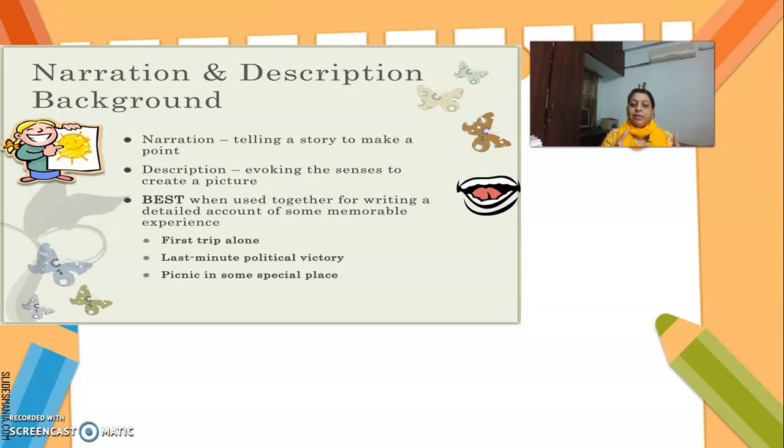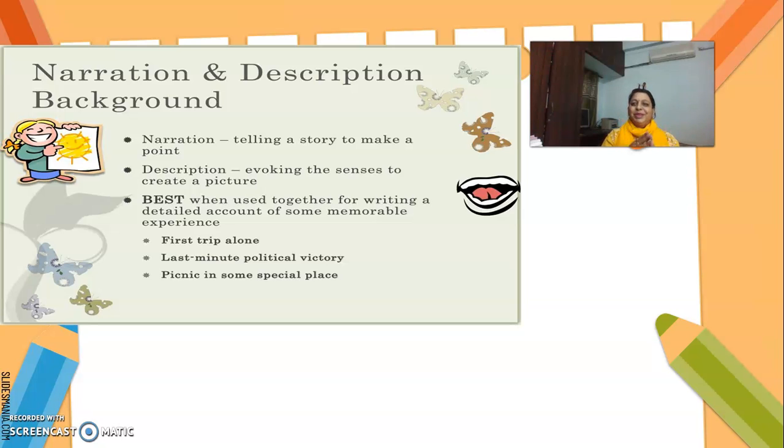So now many a times you get these kind of topics: first trip alone, or your best trip, or your favorite place, or last minute political victory, or a picnic in a special place. So how do you describe? The best thing is when you use both these techniques together, narration and description.